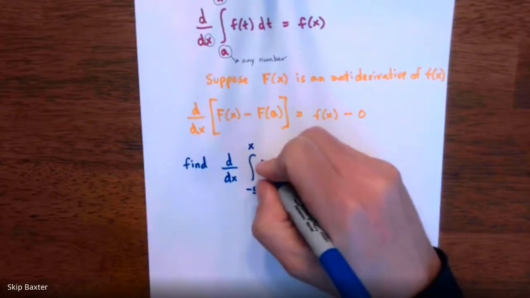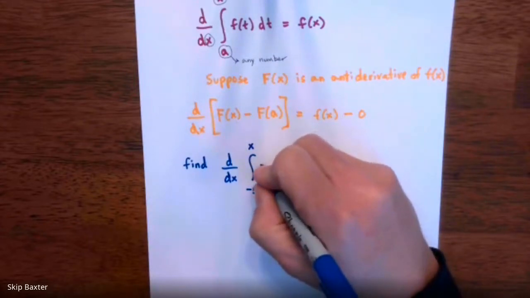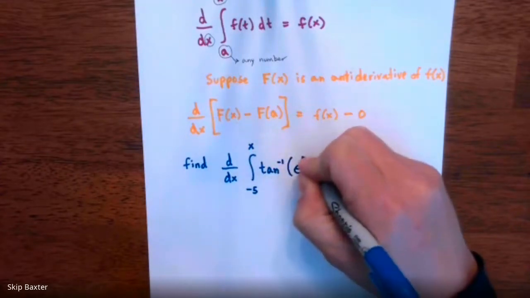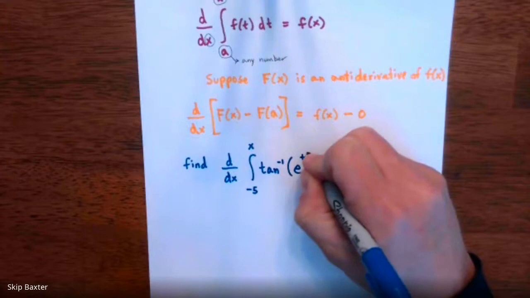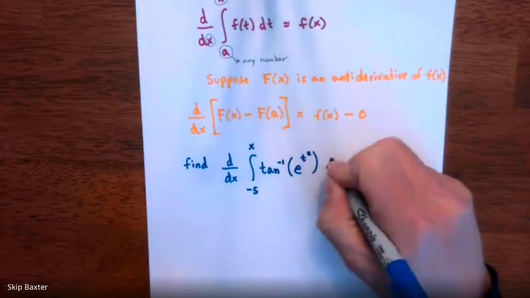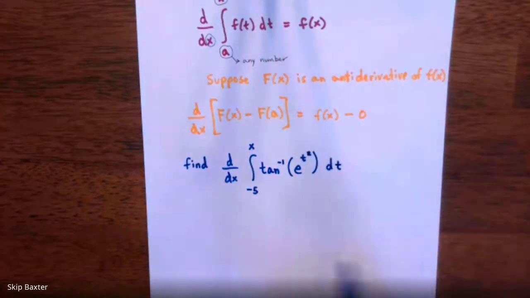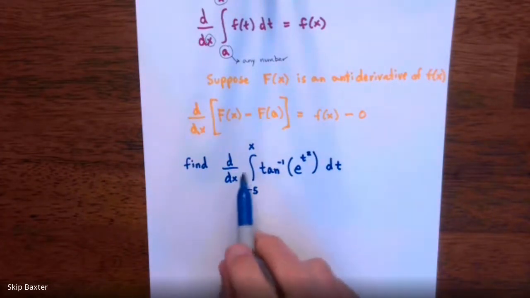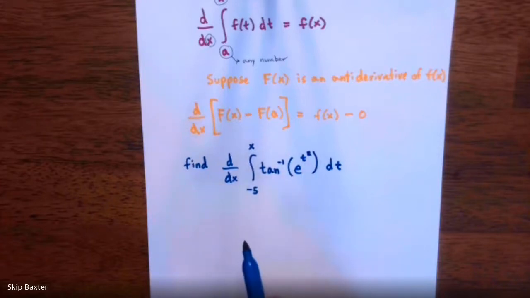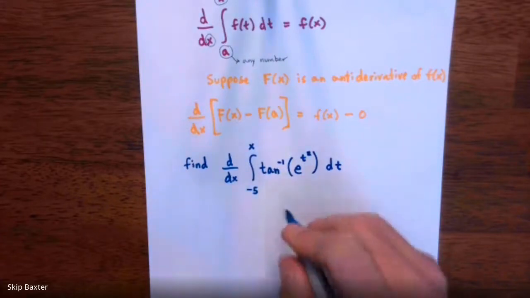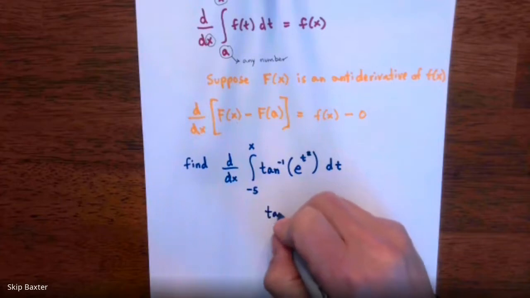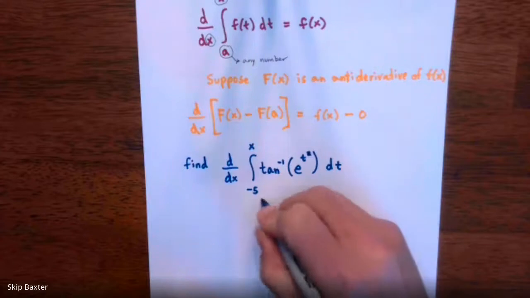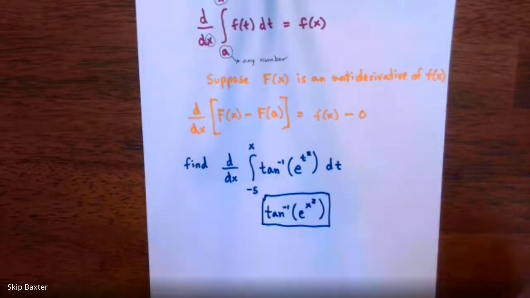Like, for example, inverse tangent of e to the t squared dt. It doesn't matter how complicated this integrand is. All you're going to do is you're just going to take x and substitute it in for t. That's the answer. So the answer here would be inverse tangent of e to the x squared. Done. That's the answer.